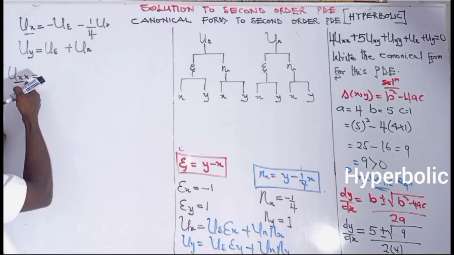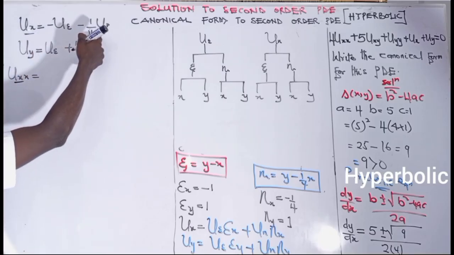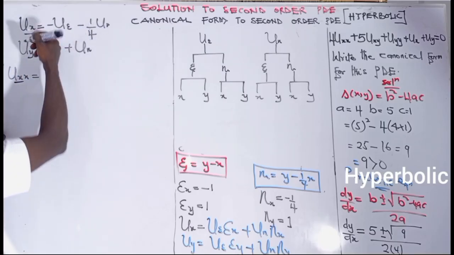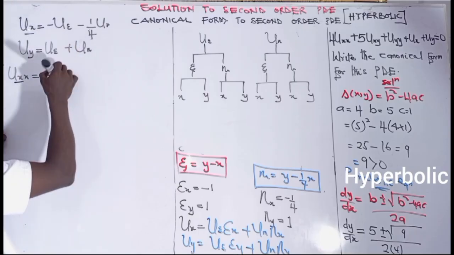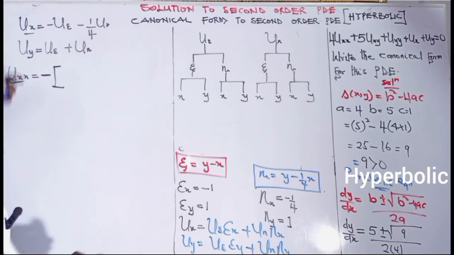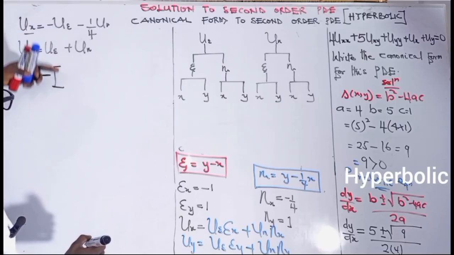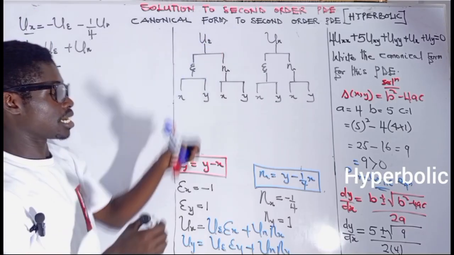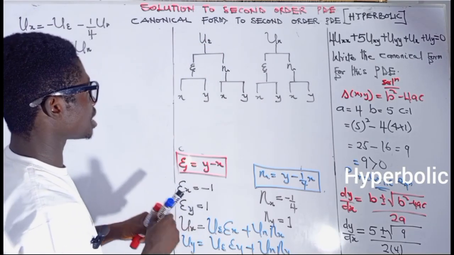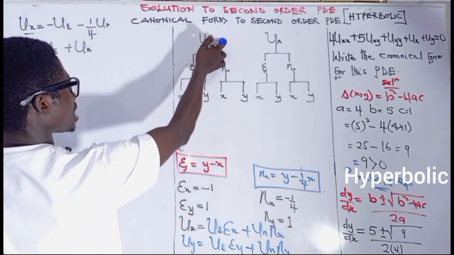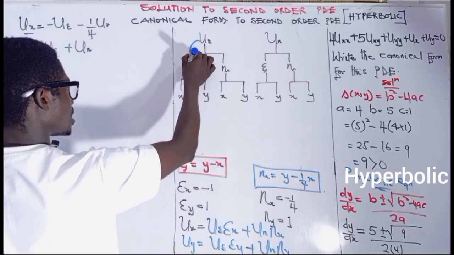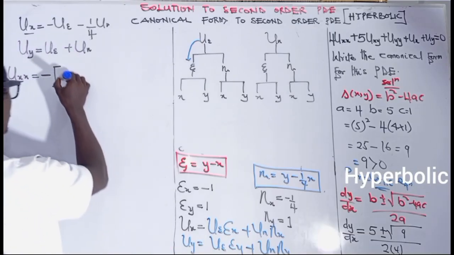So to get the second partial derivative, you can use its expression or its equation. So we are going to use minus u xi. Then we find the expression for what? U xi. This minus is here. So we find the expression for u xi. How do you get the expression for u xi? This is how we go about it. We have u xi already here. So we have u xi.